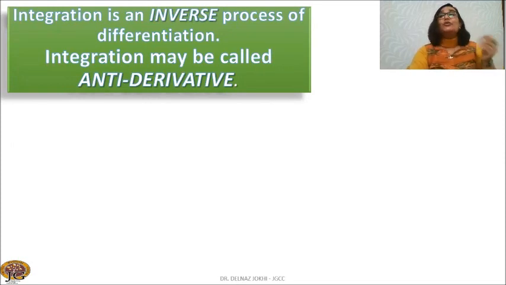Usko inverse क्यों बोलते हैं? Why is it known as antiderivative? Inverse माने उल्टा, remember? Alright, please make a note of this, that integration is the inverse process of differentiation. Write down the word inverse in your books if you have to make notes. Then, why is it so? All right, your question will be answered over here.